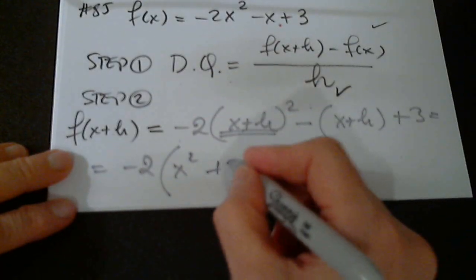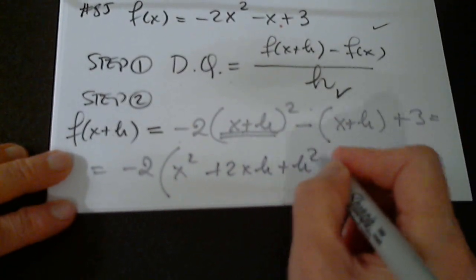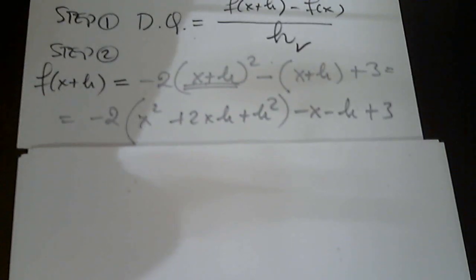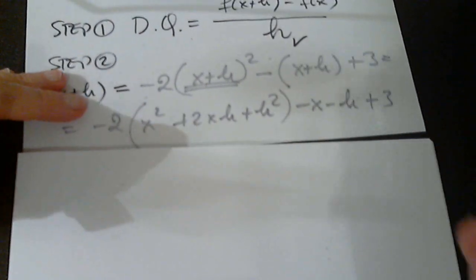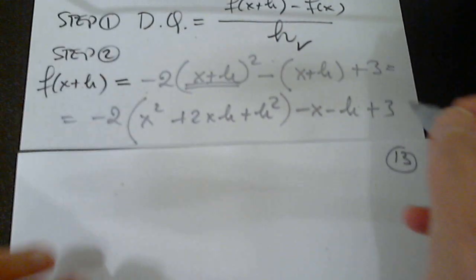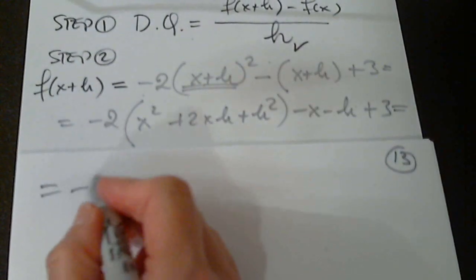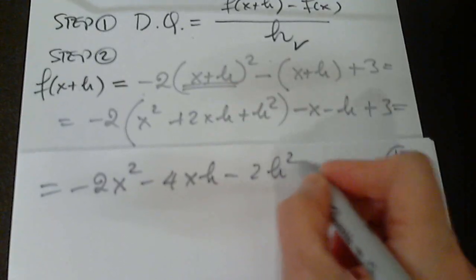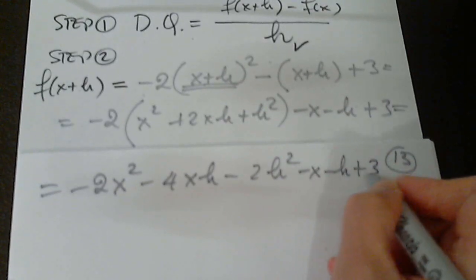X squared plus 2xh plus h squared. Very good. Then I distribute negative x, negative h plus 3. And now I distribute negative 2. Negative 2x squared minus 4xh minus 2h squared minus x minus h and plus 3.